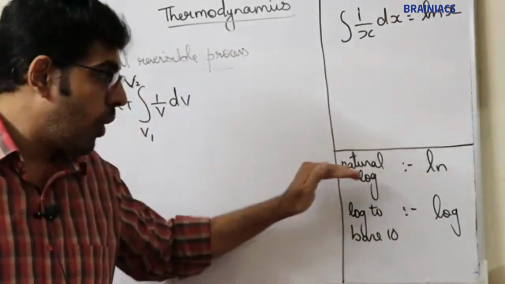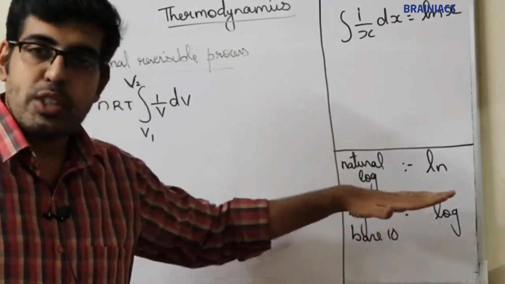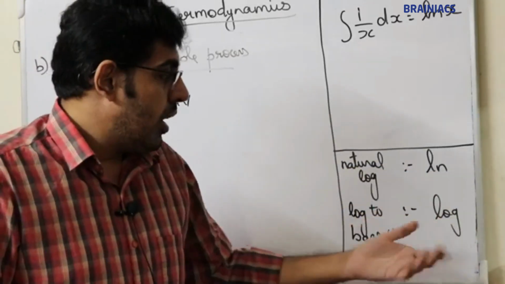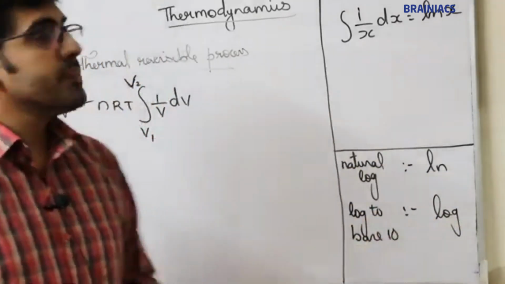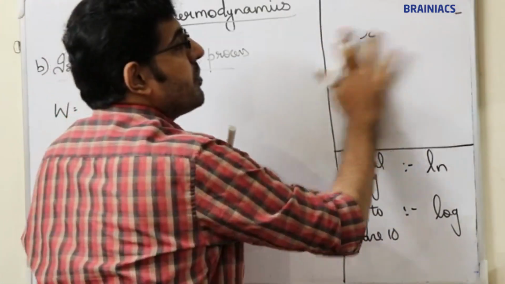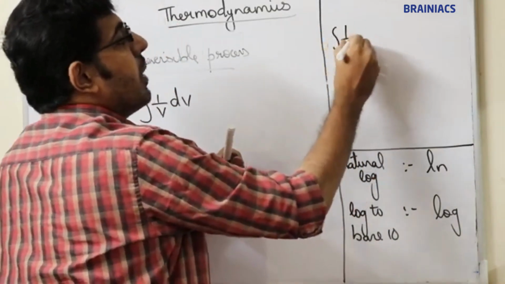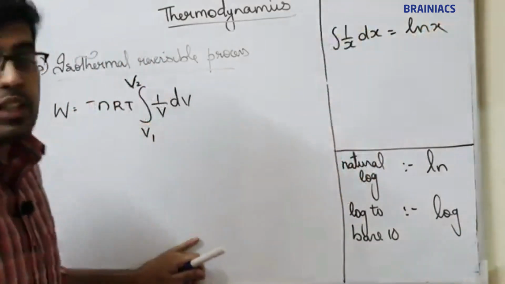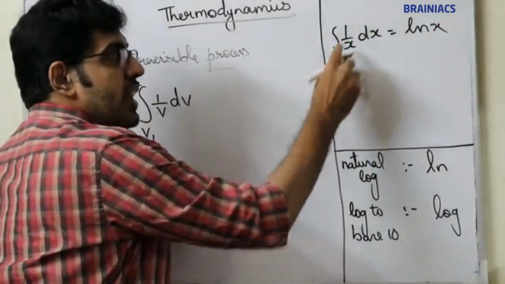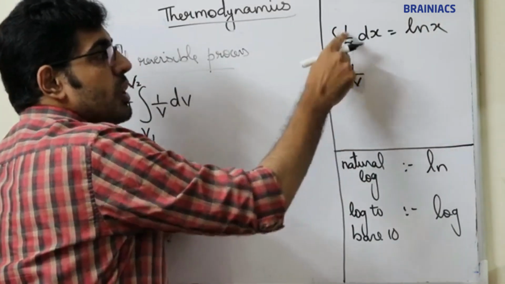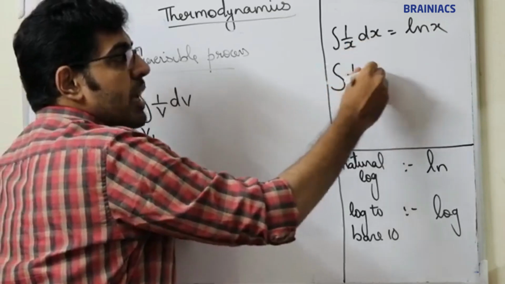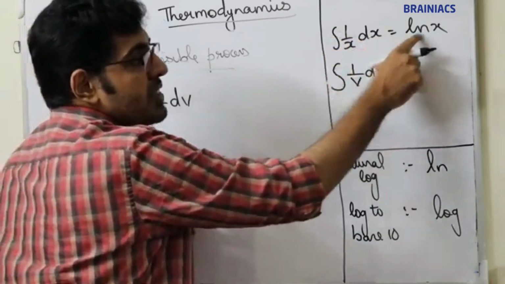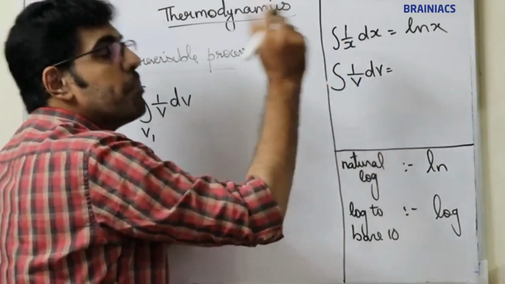Natural logarithm is represented by ln, and log to base 10 is represented by log. So integration of 1 by x dx is equal to ln x. Now, if instead of x I am taking v, so integration of 1 by v dv, then what is it?